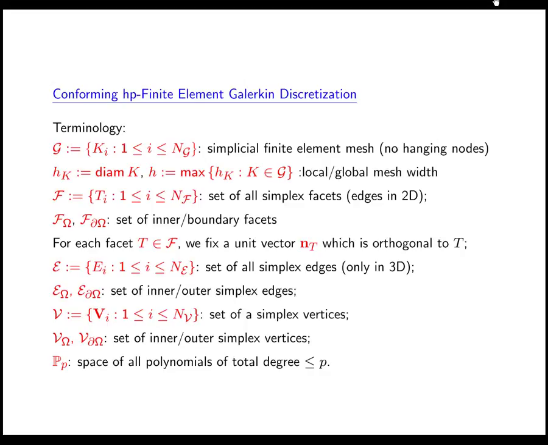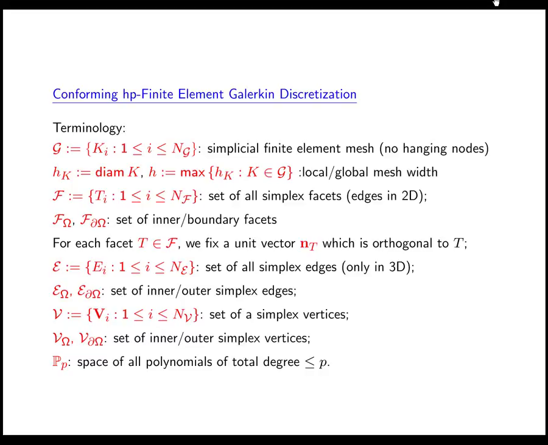So as I promised, boring notation. G is my mesh, H_K is my local mesh size, H is my maximal mesh size, and in 3D I consider simplicial meshes. That means you have facets which are called T because the facets are triangles, and collected in the set F, like facets.